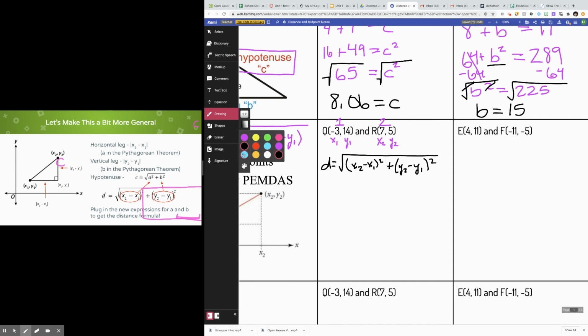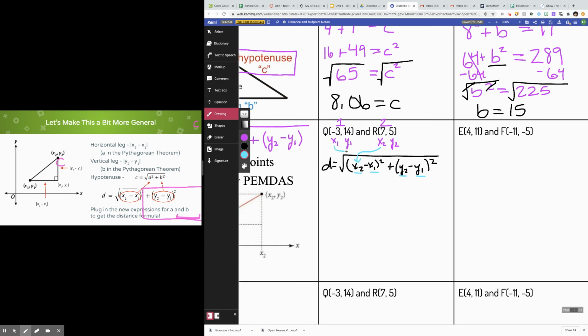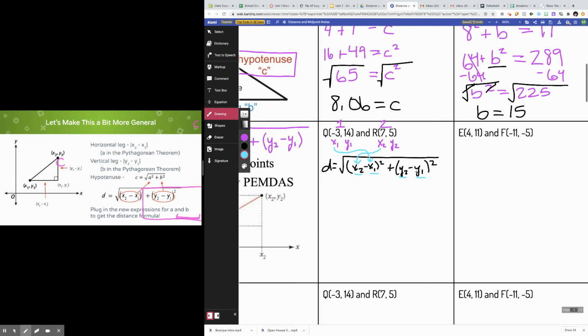All you have to change is the number that goes here, here, here, and here. Everything else stays the same: the square root, the minus sign, these squares, this plus sign. I'm going to take my values and plug them in. So x2 goes right here, and x1 goes right here.